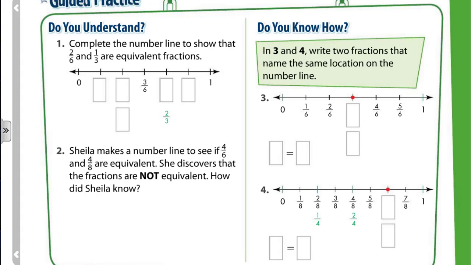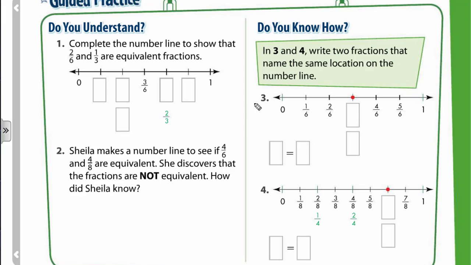complete this number line, and as you can see, the number line is divided into 6 lengths. So each one length is 1/6.